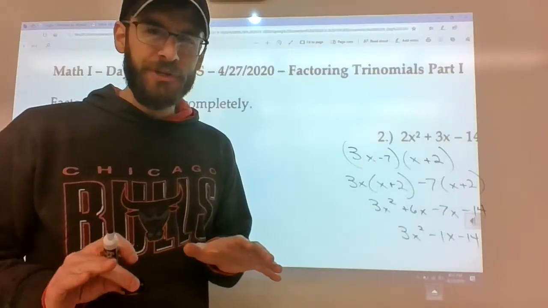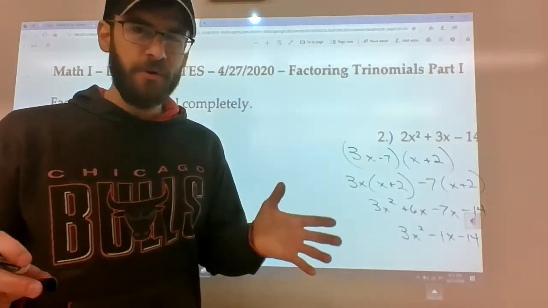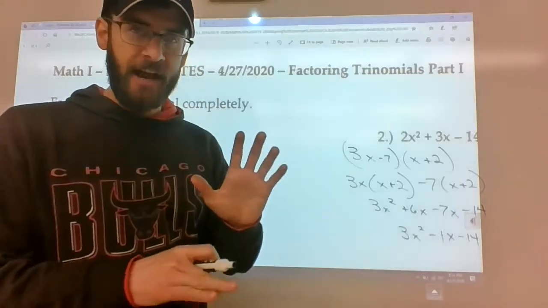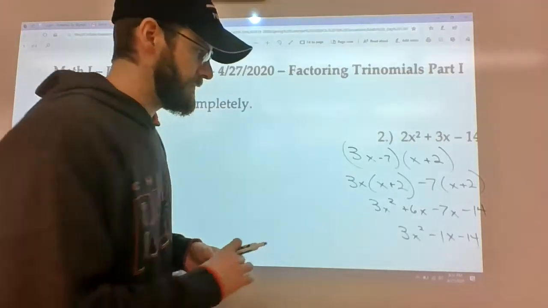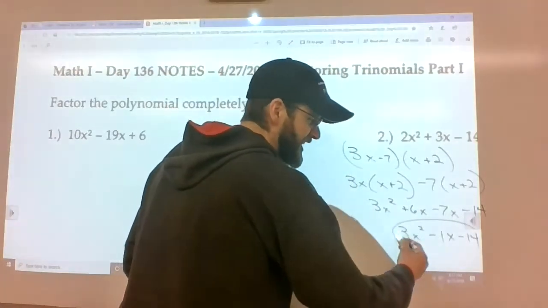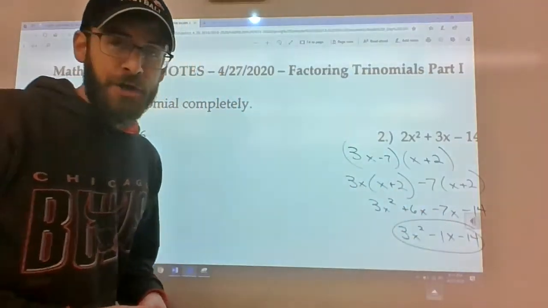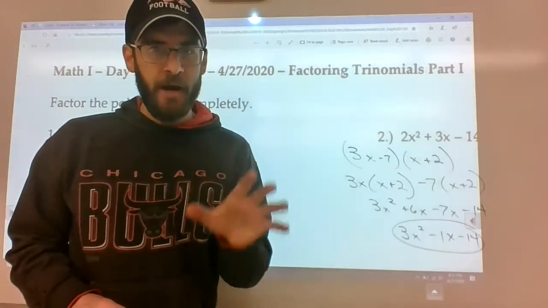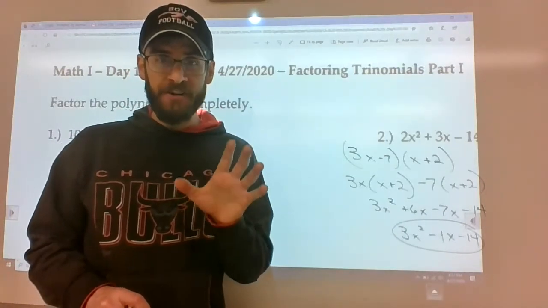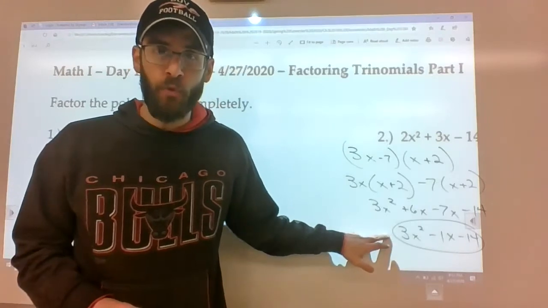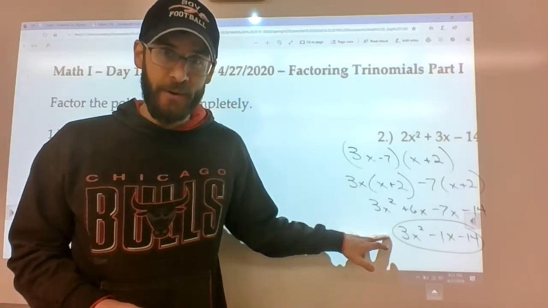Okay, here's the reason why I showed you that today. Not just to remind you that this is the reverse of factoring, but to give you this essential reference point. 3x squared minus 1x minus 14 is a trinomial. If I were told to factor that trinomial, here's what I would have to do.